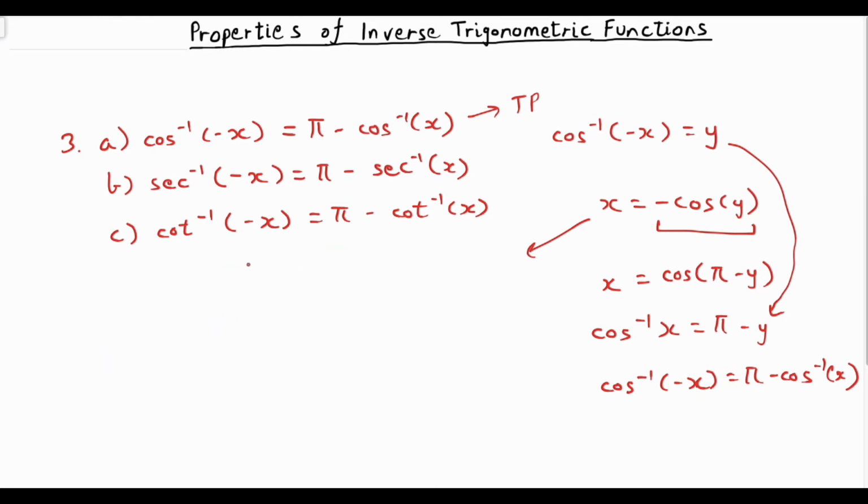I'll show this with an example. Let's say x is 1. So cot inverse minus 1 can be taken as minus pi by 4 or pi minus pi by 4, which is 3 pi by 4. Since we have defined the range of cot inverse from 0 to pi, we must take the second answer.